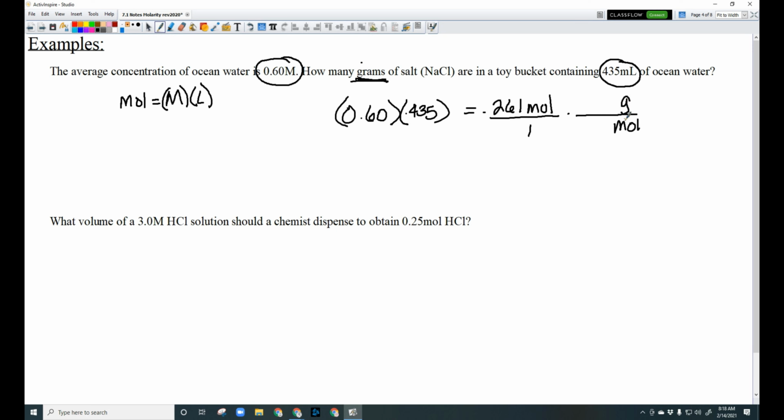Well, we know we can go straight from moles to grams. All right, and this unit, grams per mole, is the molar mass of sodium chloride. So 1 mole is, and let's look up sodium and chlorine. Chlorine's 35.45. Sodium is 22.99.